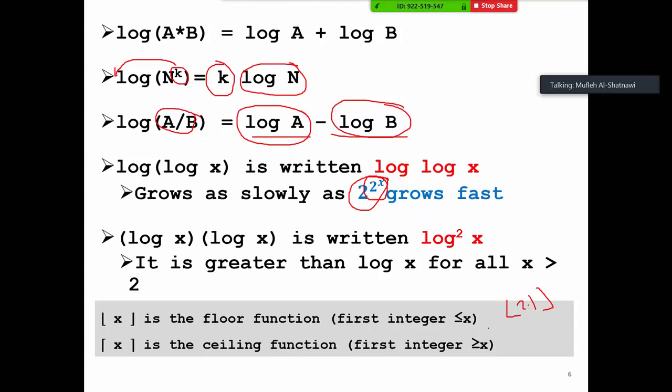If you take the ceiling of 2.1, it will return the smallest integer not less than 2.1. The smallest integer in this case is 3. You are taking the ceiling of 2.1.